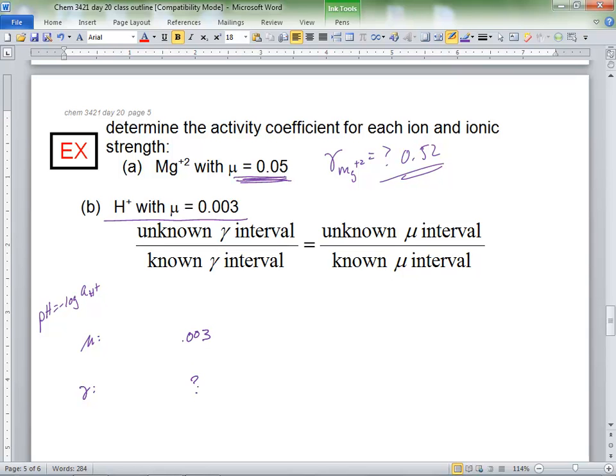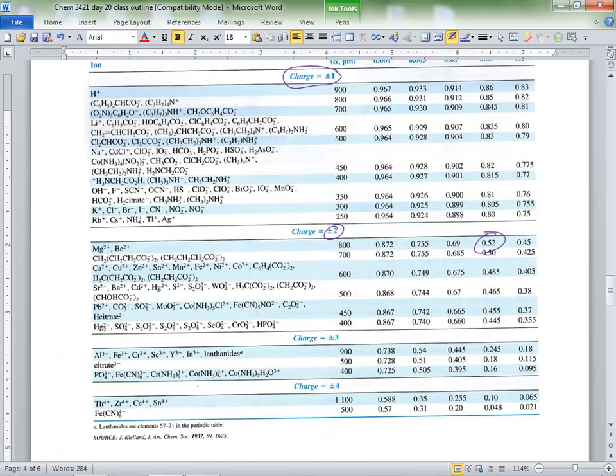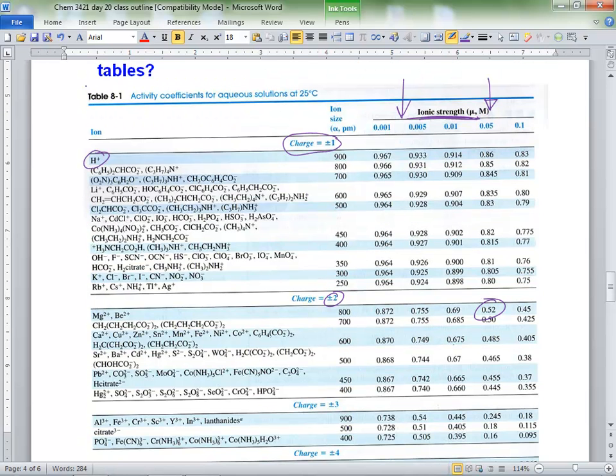What I'm going to do is find the two points that are closest to it, that are bordering it. In other words, let's find hydrogen ion up here. Here it is, and 0.003 is right in the middle, right? So my two points are going to be ionic strength 0.001 with 0.967.